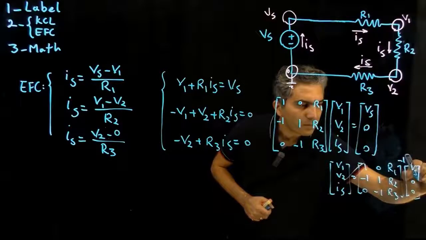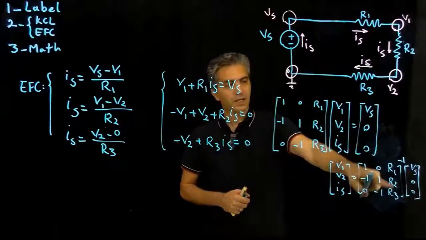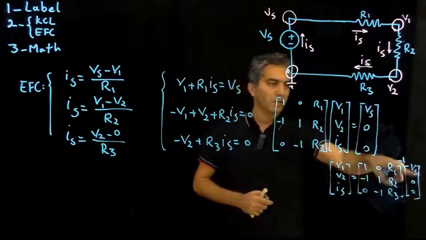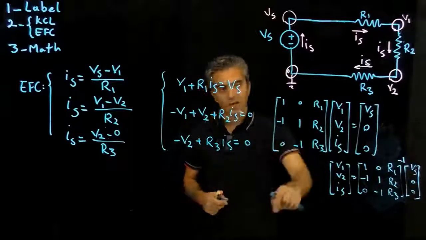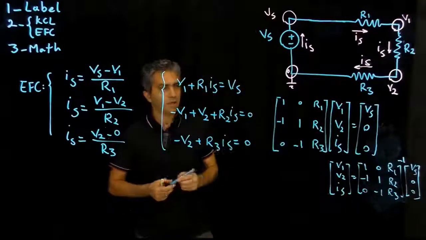If your calculator could calculate the inverse of that matrix, then multiply by that vector, you get the values for V1, V2, and IS.